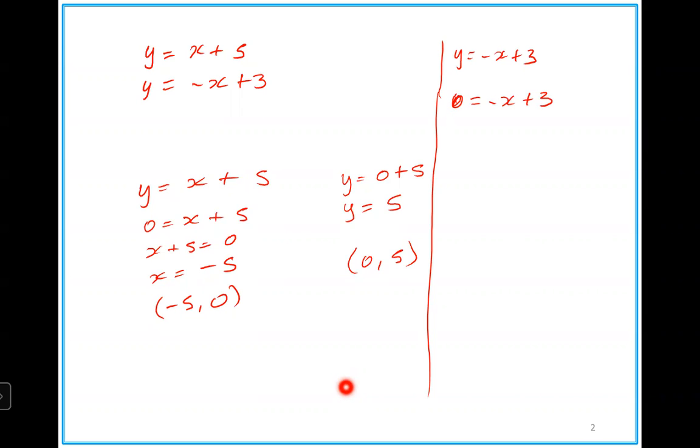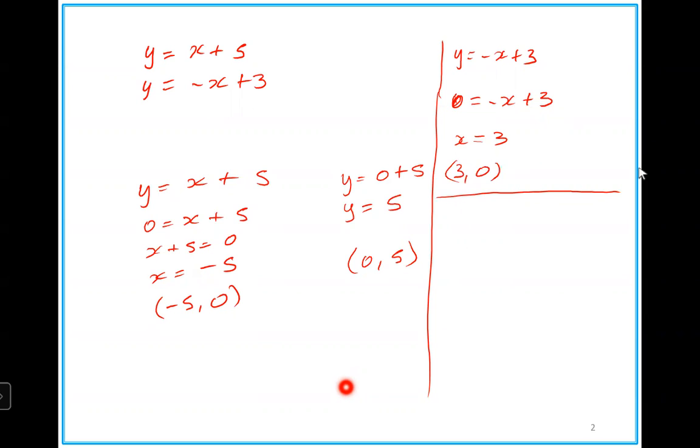So if you want, you could move the x over. X equals 3. All right. So the point there would be, we made y 0. So if x is 3, you would say then the point is 3, 0. That's one of the points on the line.